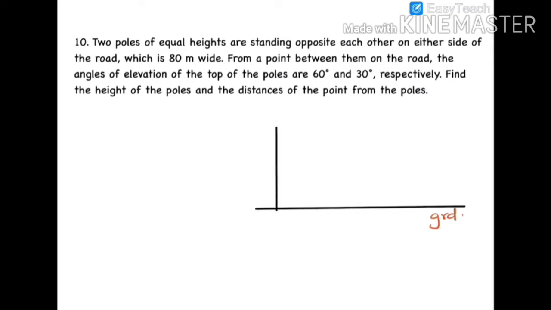Draw two lines that are of equal length perpendicular to the ground. These lines represent the two poles. These two poles are standing opposite each other on either side of the road. So this is the width of the road, which is given as 80 meters.